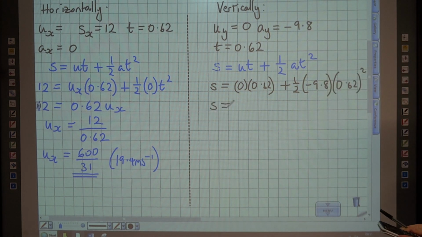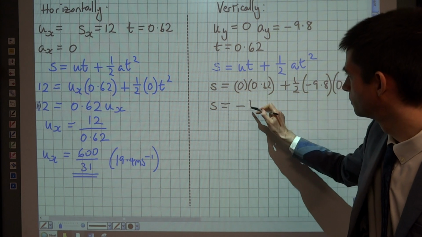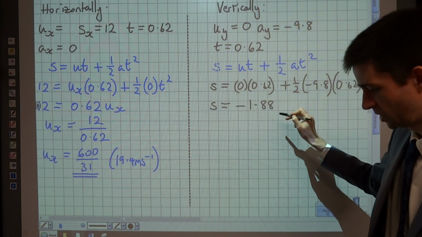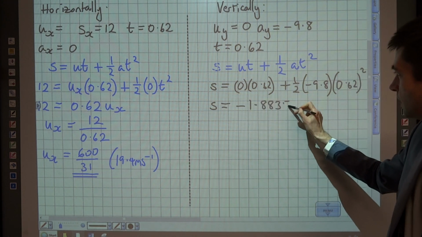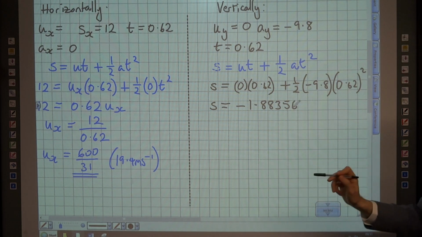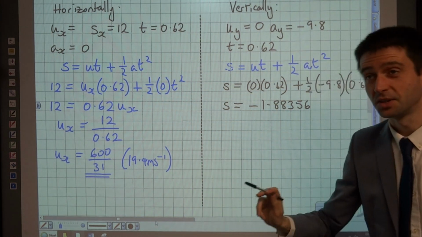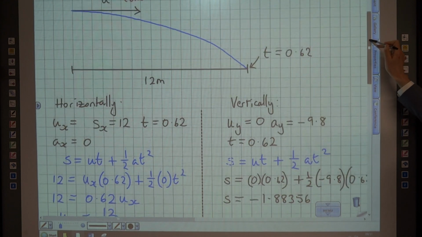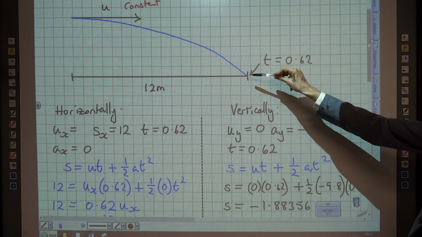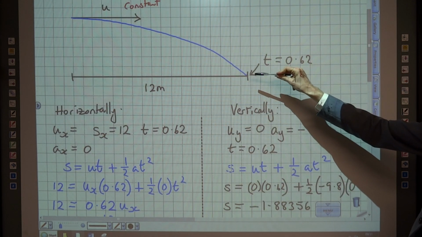So I can stick that all into the calculator, and I get negative 1.88356. Now let's just think about that answer. Are we happy with it coming out as negative? Well, yes, we should be, because the point that we've now found is below the initial starting point.